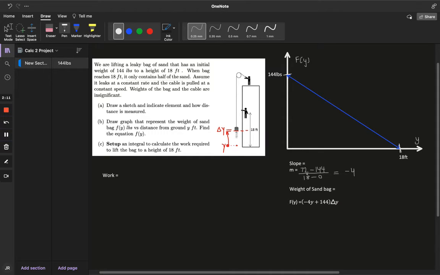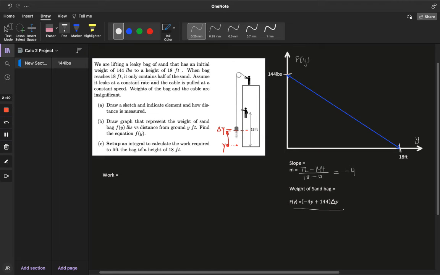So when we use the slope formula to find the slope, here we get -4, and to find the weight of the sandbag, we plug in our formula, and that would give us this right below, because -4 would be plugged into m, because this would be mx plus b, and the y-intercept is 144.